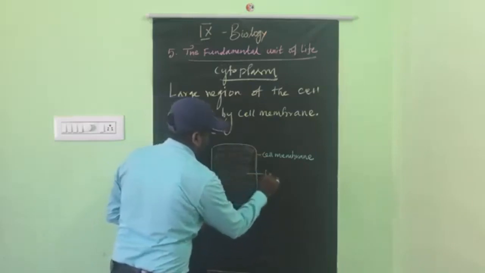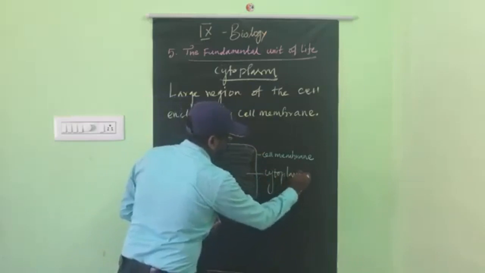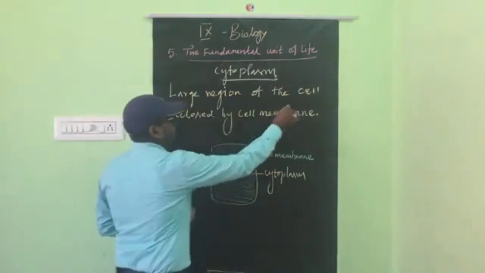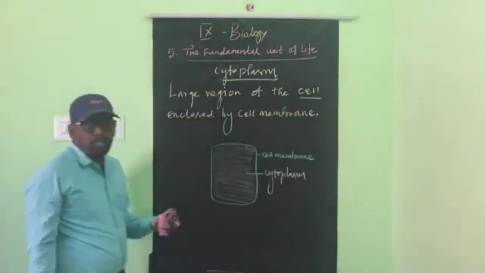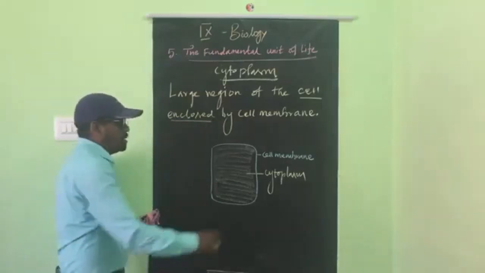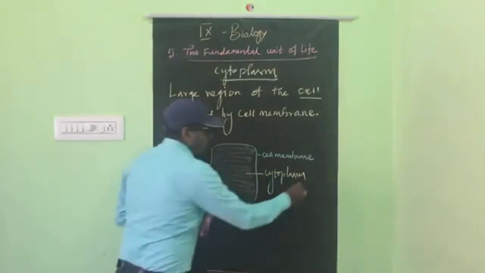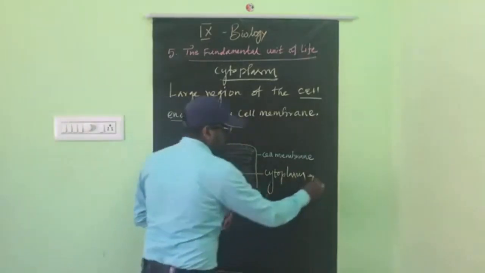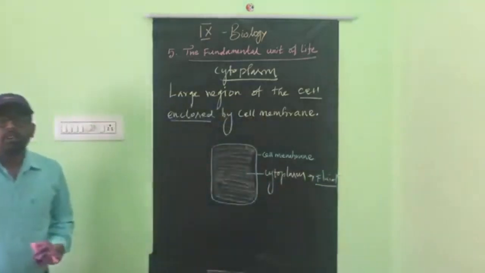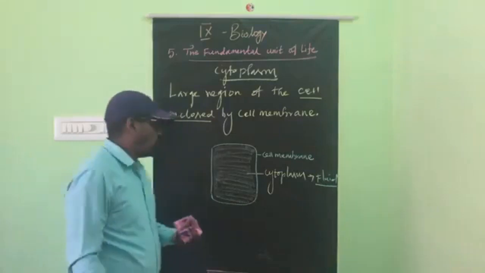This is the cytoplasm. Again, it is the large region of the cell, plant or animal, covered by the cell membrane. Inside the cell membrane, the fluid substance is called the cytoplasm. So what is there in the cytoplasm?